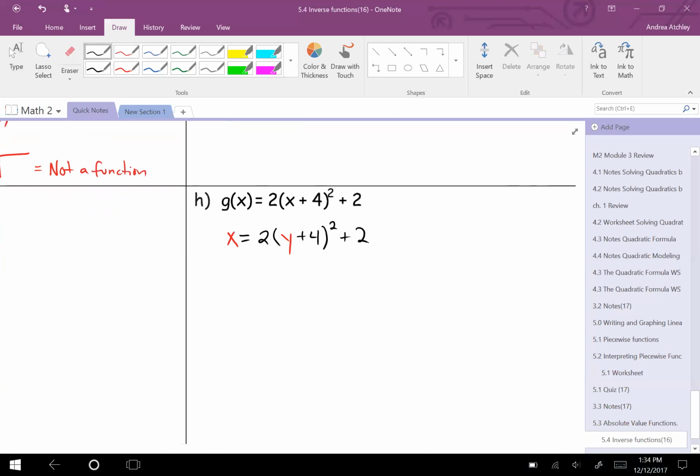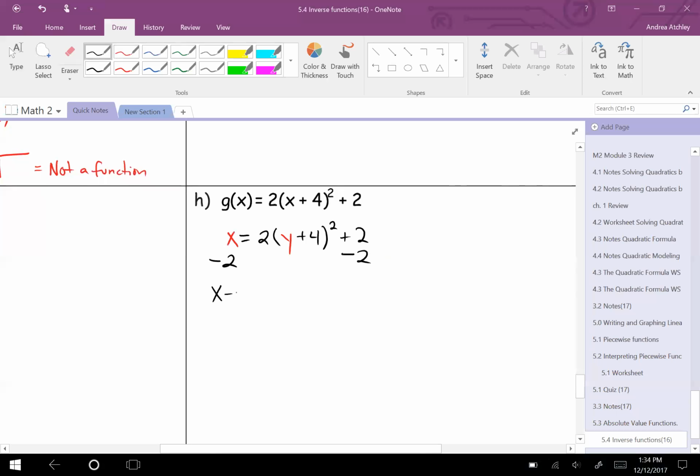Anyone have an idea what I would do first here to solve this for y? Yep. Order of operations: exponents first, then multiplication. I would not distribute, and I definitely don't want to square that. Subtract the 2. Okay.